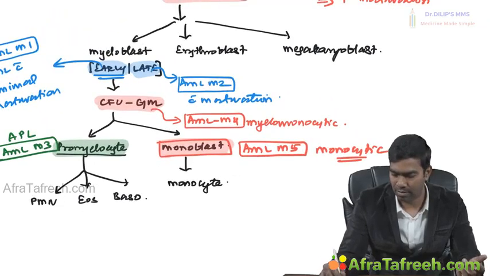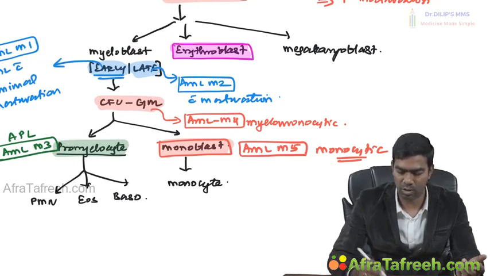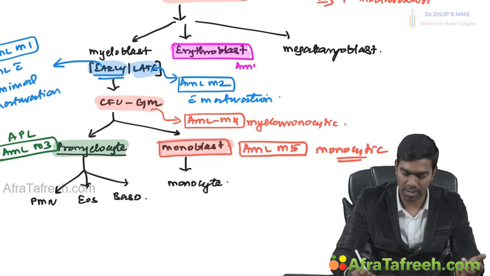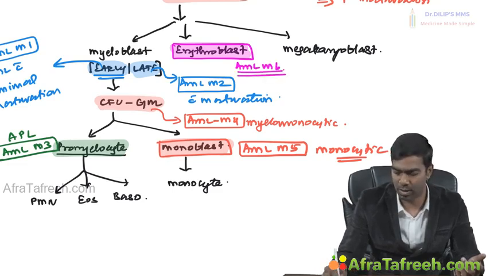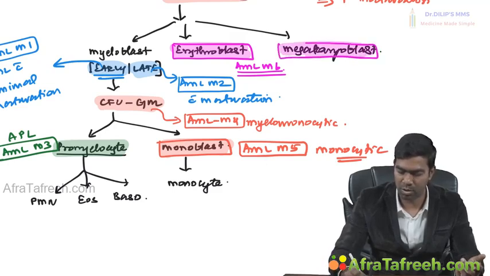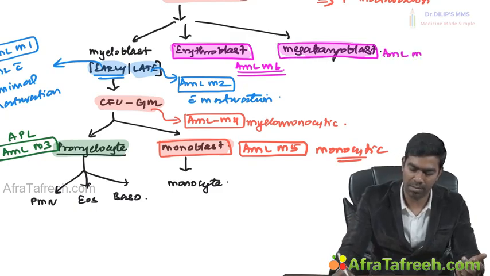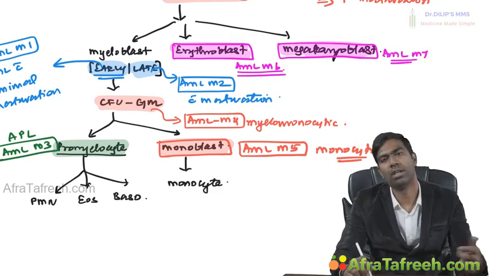If the blast originates from the erythroblast lineage, we call it AML M6 or erythroblastic leukemia. On the other hand, if it's from the megakaryoblast, it is called AML M7 or acute megakaryoblastic leukemia. So these are the different areas where you see AML predominantly.